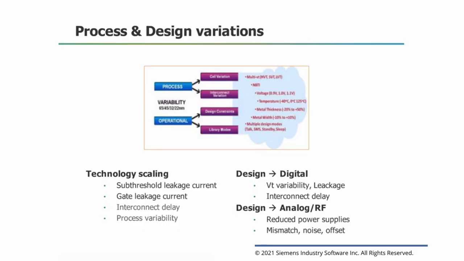DFM is not new, but as technology scales below 90 nanometers, to 65, 45, 32 or 22 nanometers, it has a more significant impact on all the digital, analog or RF circuit design and manufacturing. Physical and quantum mechanical effects, previously not relevant, need to be modeled and may even become dominant.